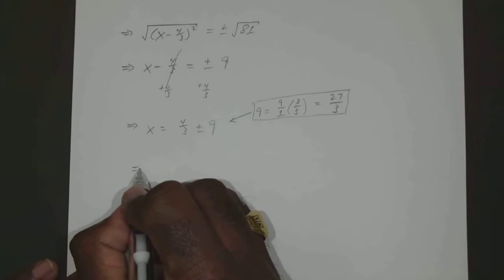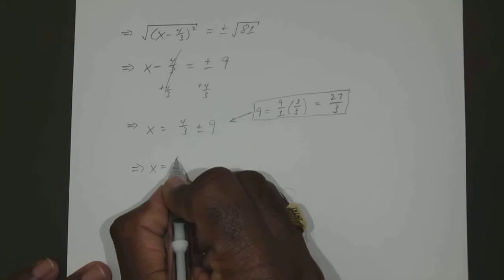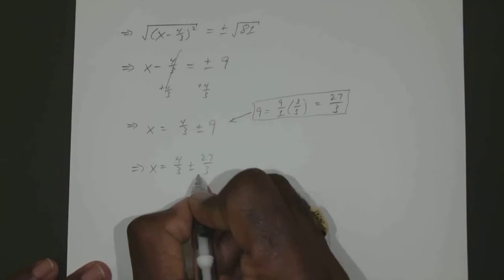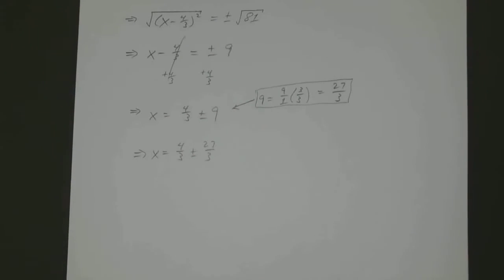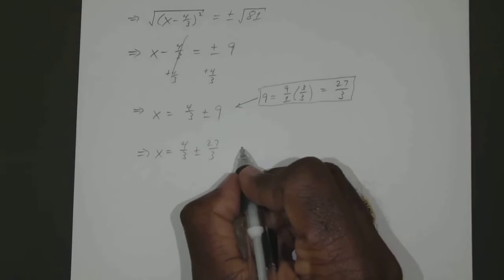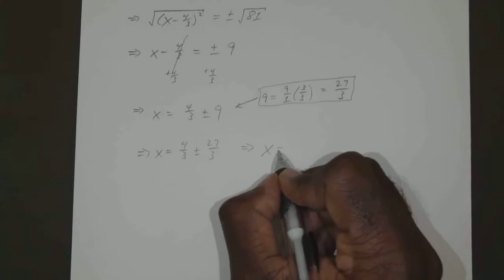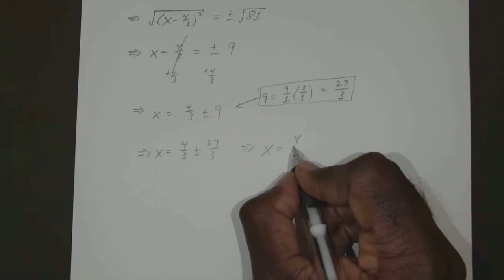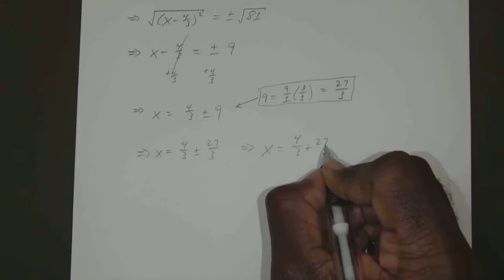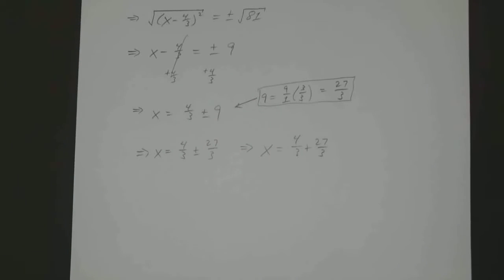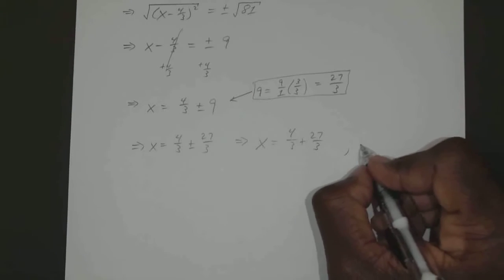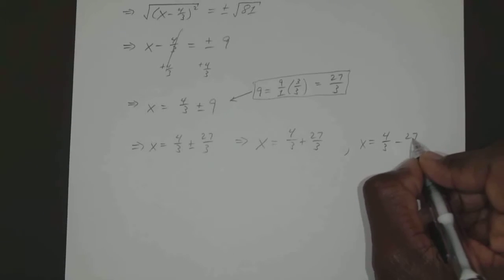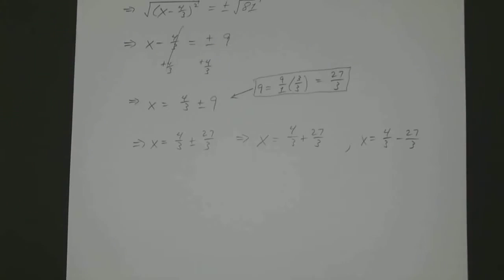So we can make this x equals 4 over 3 plus or minus 27 over 3. Which means if we separate them, x can equal 4 plus 27 over 3, or you can say 4 over 3 plus 27 over 3, if you didn't want to combine them. And x equals 4 over 3 minus 27 over 3.